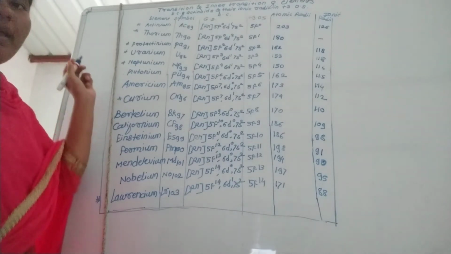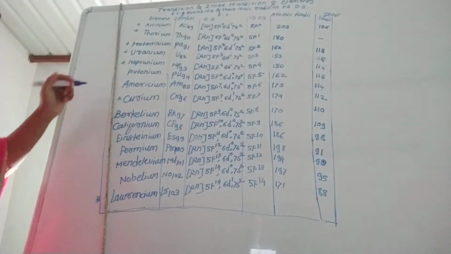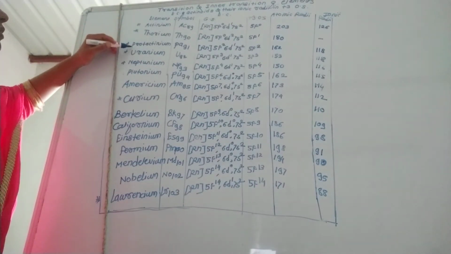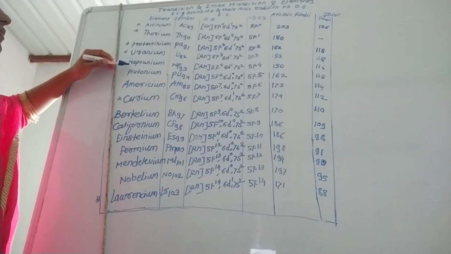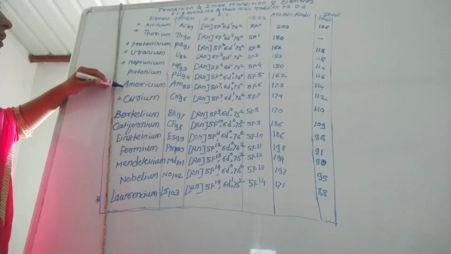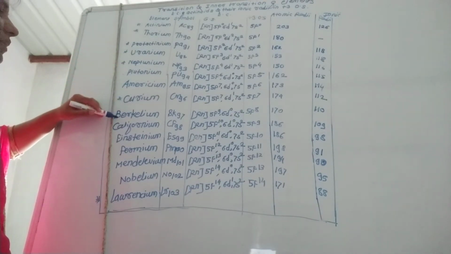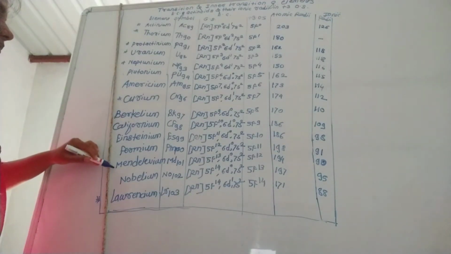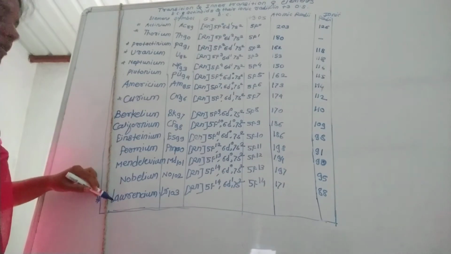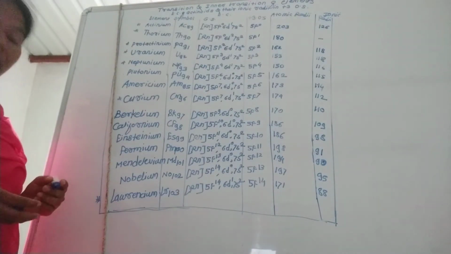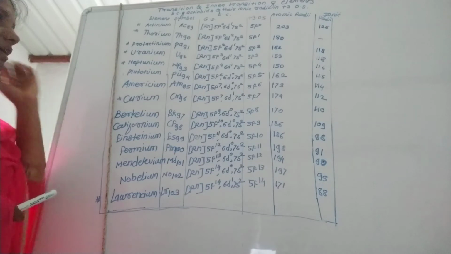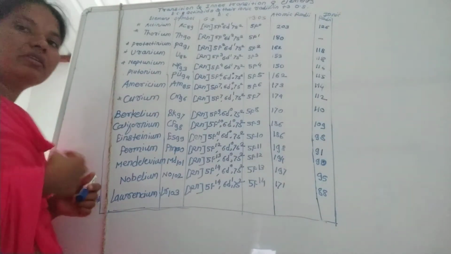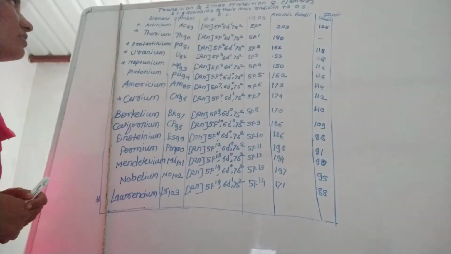The actinoid series has 15 elements: actinium, thorium, protactinium, uranium, neptunium, plutonium, americium, curium, berkelium, californium, einsteinium, fermium, mendelevium, nobelium and lawrencium. In total, there are 15 elements present in the actinoid series.